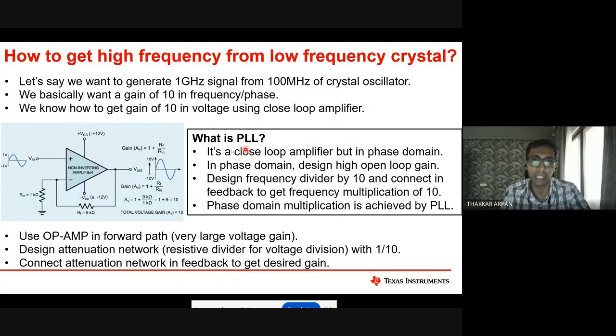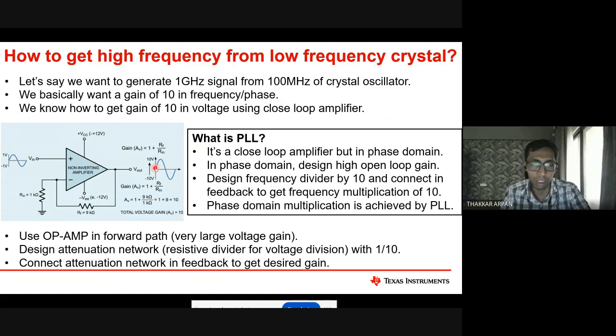That is nothing but called a PLL. It's a closed loop amplifier itself, similar to this, but it responds to the phase rather than the voltage. In the phase domain, we need a large open loop gain. Now we want frequency multiplication, like here we want voltage multiplication.